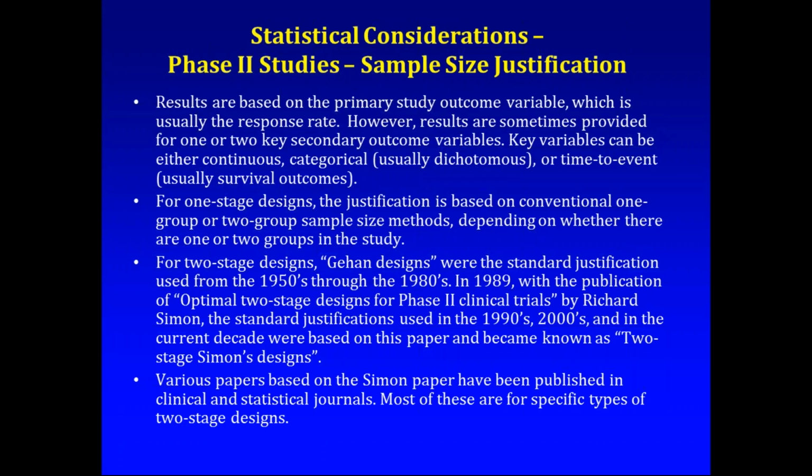For a one-stage design, and say that this would probably apply to the orthodontic type of studies as well as treatment studies where future actions or the later stages of the studies are not conditioned on the first part, we can just use conventional one or two group statistical methods.